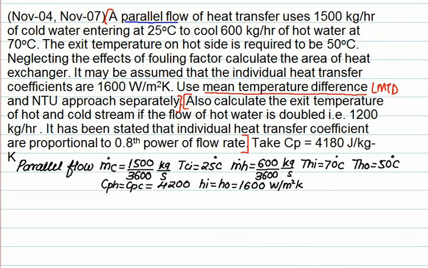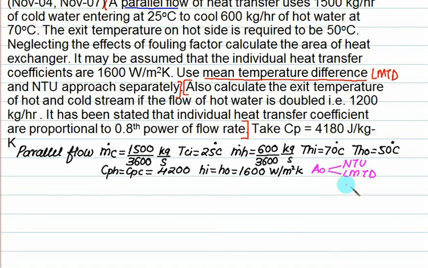Find out the area by both methods, that is area A0 by the NTU procedure as well as by the LMTD procedure. So first of all we'll calculate Q. Data for hot is known. So Q equals m dot H into CPH into (THI minus THO). M dot H is 600 by 3600, which is 1 by 6, CPH is 4200, THI is 70.